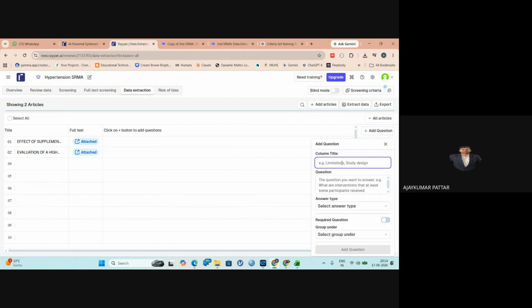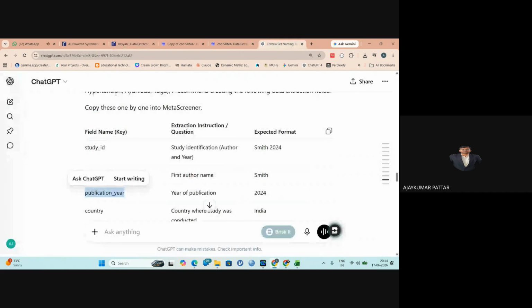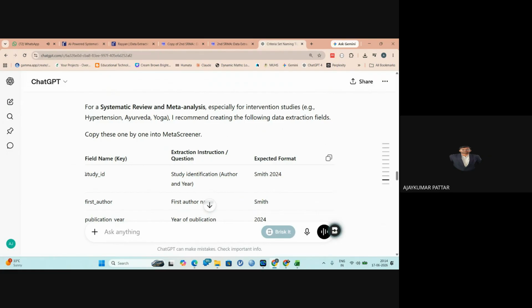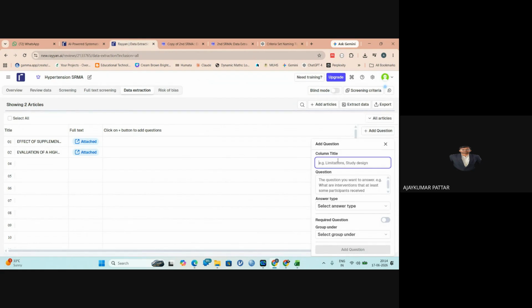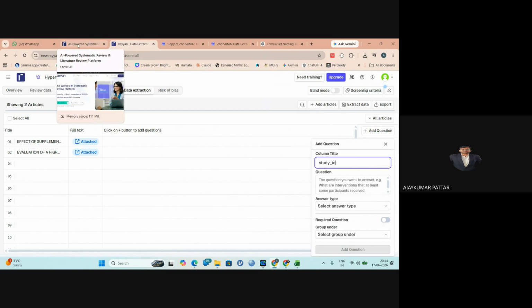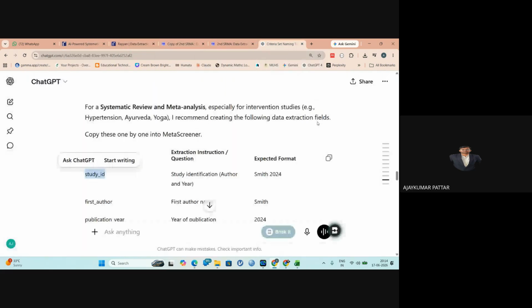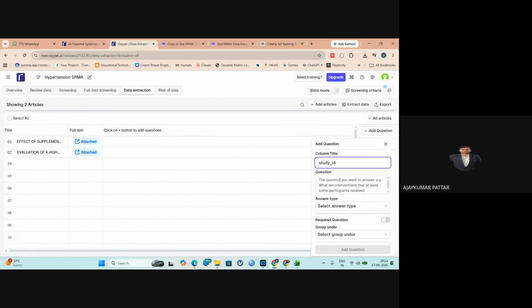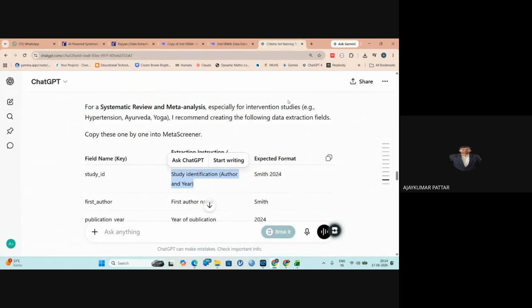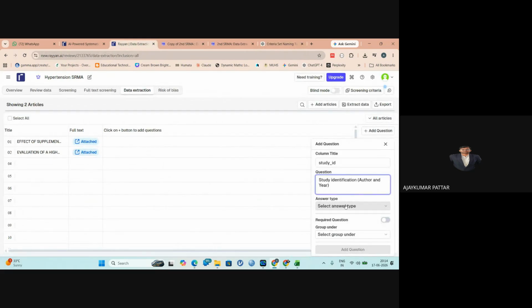I will do it once again. So this is how we will explore things. This is a new feature added and I have not done it, because after the full text only we are able to do that. That's why I'm directly doing it here based on the knowledge of other software.